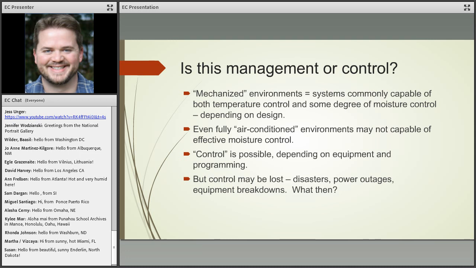We couldn't actually control moisture as such, but we could help direct the flow, and we could allow the building to behave the way that it was originally designed to. As we talk about mechanized environments today, we're really talking about actually going in and specifically intervening and creating a control scenario over the environmental conditions that we want to change. Now, we're very used to doing that in terms of temperature, and it's fairly straightforward.